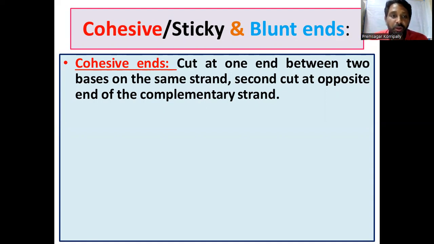So for cohesive ends, one cut is at one end between two bases on the same strand, and the second cut is at the opposite end of the complementary strand.